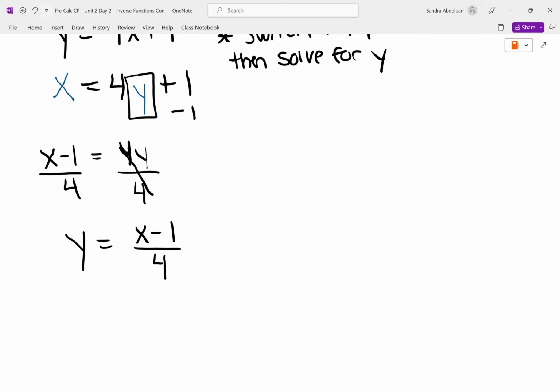But we're not going to leave it y. This is the inverse. Does anybody remember how we write the inverse of a function? Erin? Negative 1 exponent. You got it. So f raised to the negative 1 of x is equal to x minus 1 over 4.